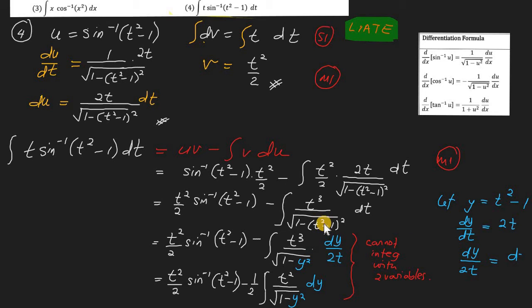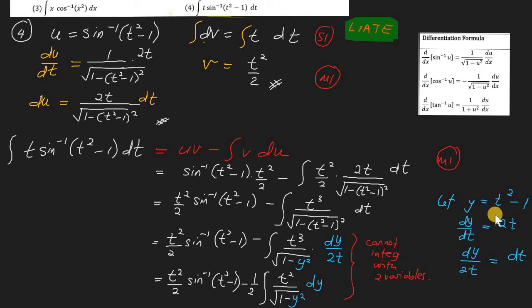If this is the y, and we are to replace everything there in terms of dy, we need to differentiate. So we get dy/dt being 2t, and what is dt that we are to replace? dt is dy over 2t. Up to that, we still have this y, and there is still the remaining t.